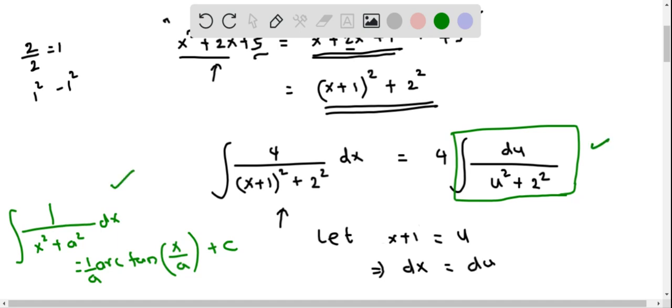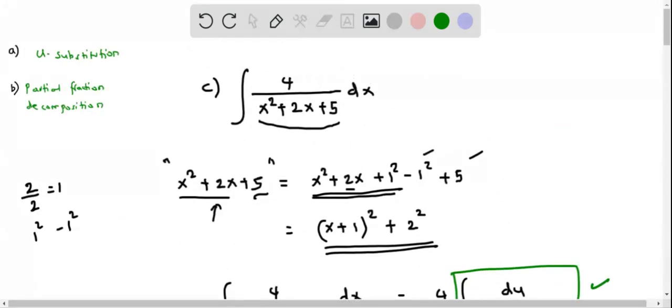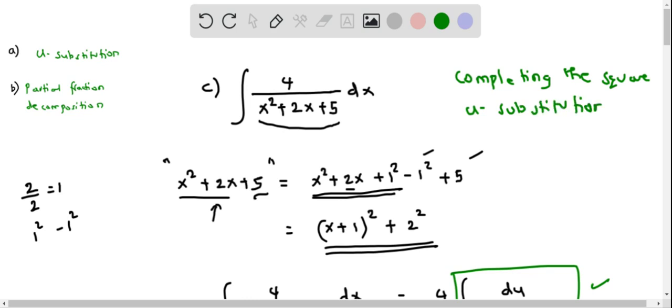Here we have used two methods, that is completing the square and then the substitution method. These are the two methods required to solve this integral.